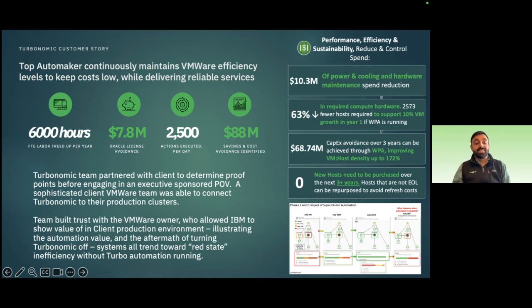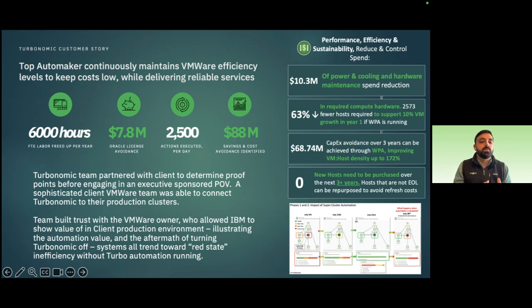Yeah, that's exactly it. The transition from the case study with one client to the next, and these keep coming. We've got countless thousands of these use cases. This one in particular with one of the top automakers on-prem, being able to drive all of these efficiency numbers and performance numbers are just astronomical for an environment of this size, but it holds true at any size, as you see me go through the next couple.